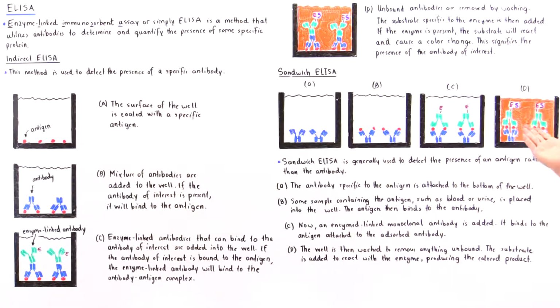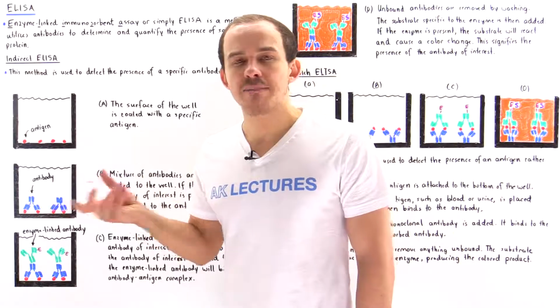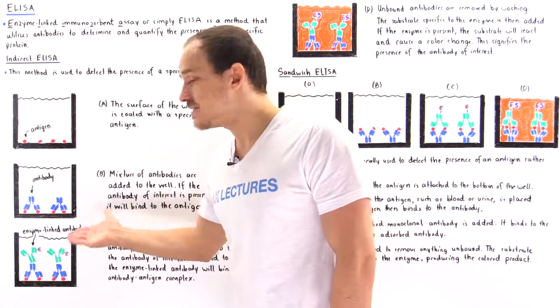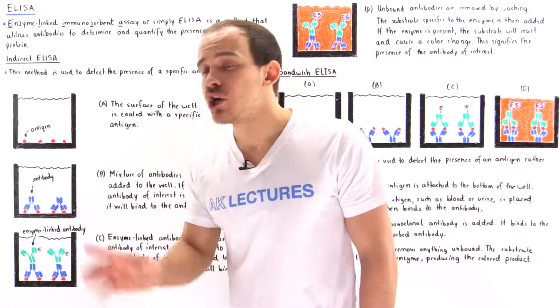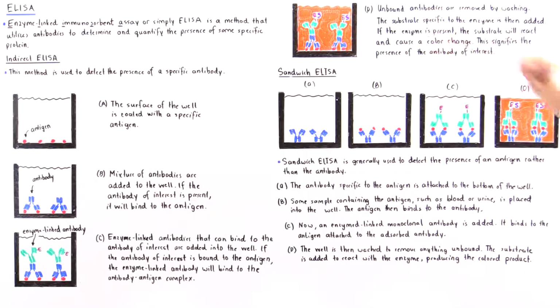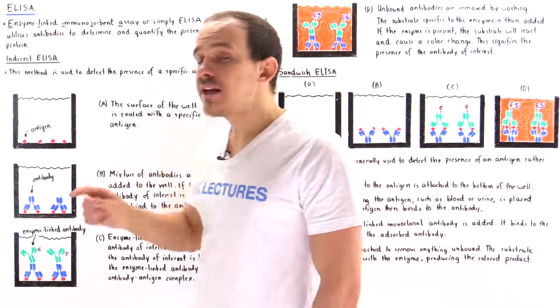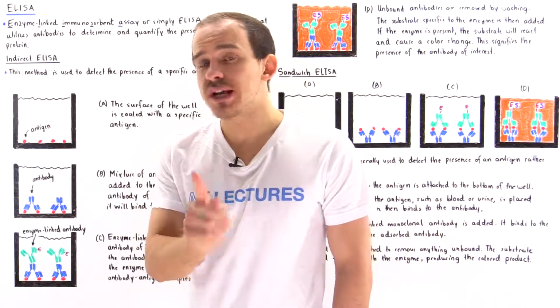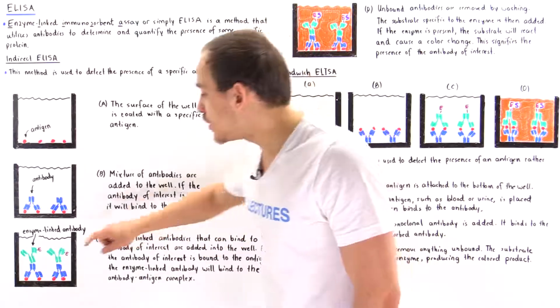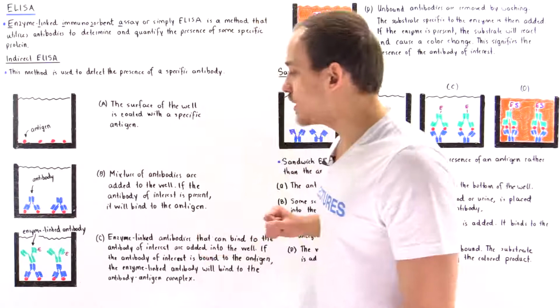Now, in the next step, we first want to remove all the different types of molecules inside that sample that are not bound to anything. So we wash our sample and remove anything that is not bound. Once we wash, we then add that specific substrate, the molecule that is converted by the enzyme linked to our green antibody.